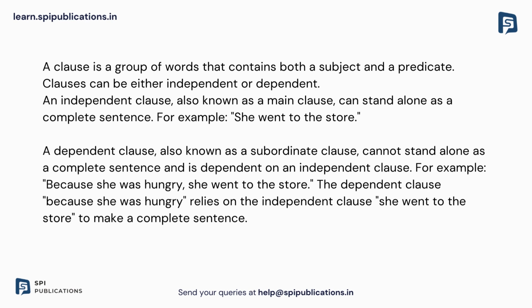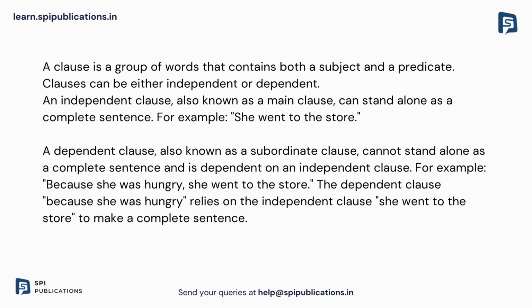A clause is a group of words that contains both a subject and a predicate. Clauses can be either independent or dependent. An independent clause, also known as a main clause, can stand alone as a complete sentence. For example, "She went to the store." A dependent clause, also known as a subordinate clause, cannot stand alone as a complete sentence and is dependent on an independent clause.